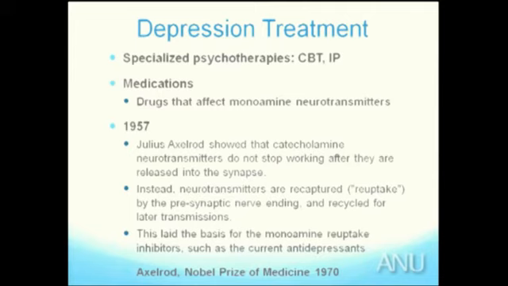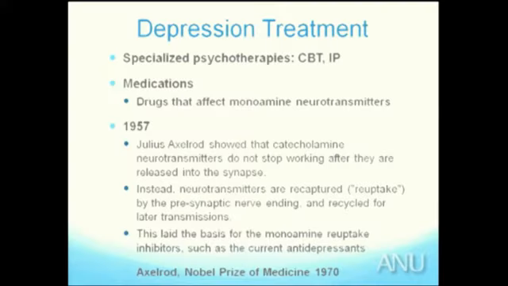Julius Axelrod showed that catecholamine neurotransmitters do not stop working after they are released into the synapse. People thought initially that something is released into the synaptic cleft, then it's eventually degraded, and that's the end of it. So he showed that neurotransmitters are recaptured, that there is a reuptake of neurotransmitters by the presynaptic nerve ending, and that reuptake therefore had to be done by putative reuptake proteins.